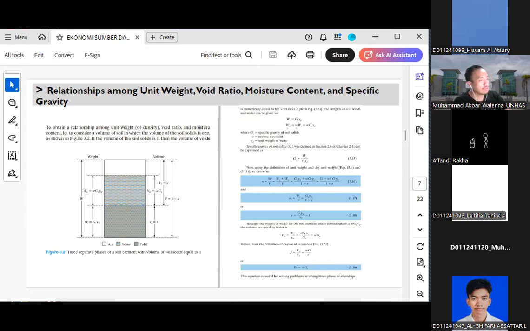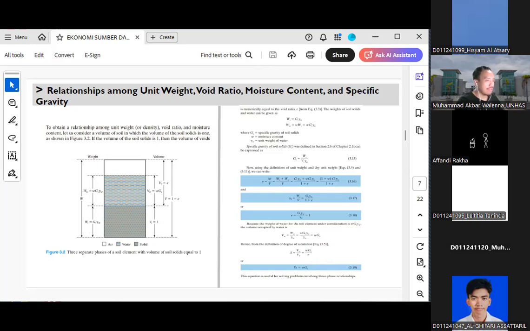Specific gravity, as I probably mentioned in the previous week, is basically a property of the solid particles. It's just a number that we use to represent the specific characteristics of the solid particles, which we perceive as a property of the soil in the three-phase system.